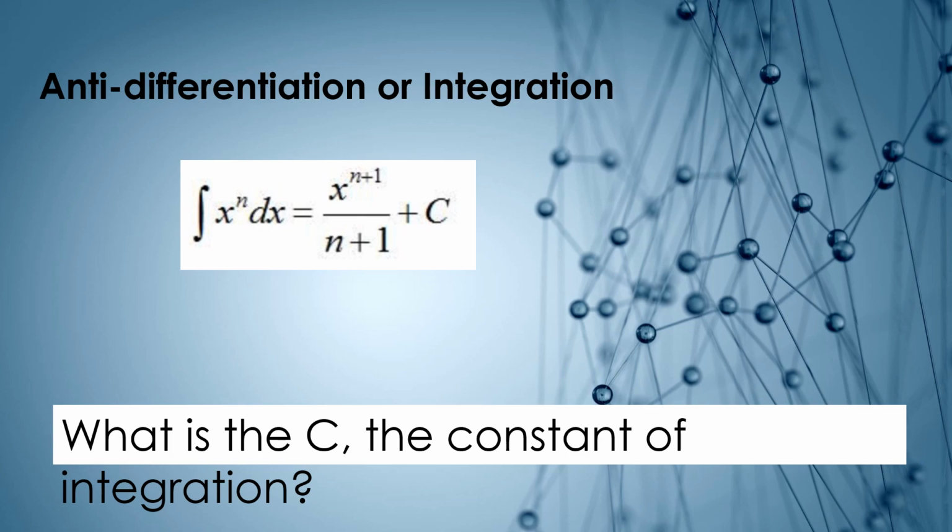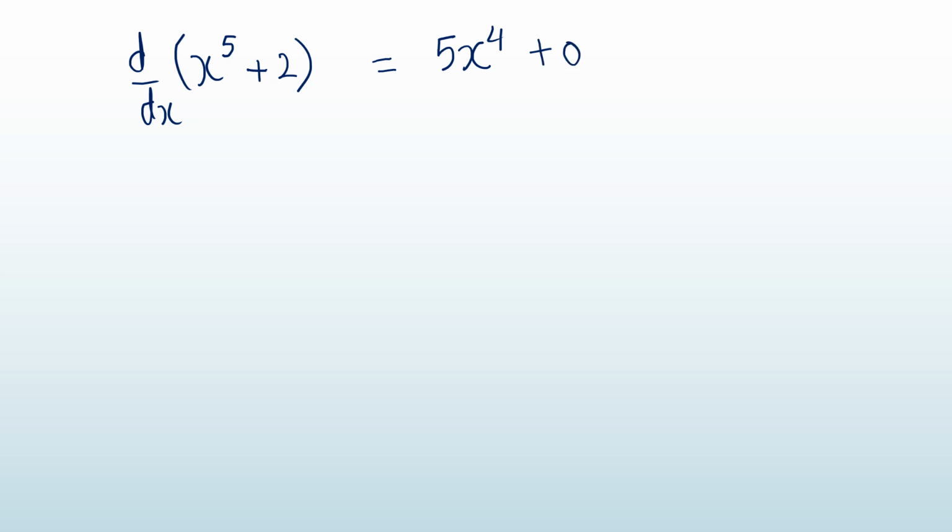So what is this constant of integration? Let's say you have to find the derivative of x to the power 5 plus 2. What's the derivative of that? It is 5 times x to the power 4, which is the derivative of x to the power 5. And what's the derivative of 2? It's nothing but 0. So that's a constant there. Let's consider another case: x to the power 5, this time with -8 as the constant.